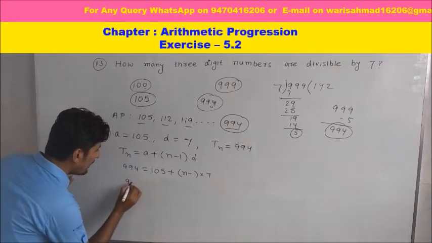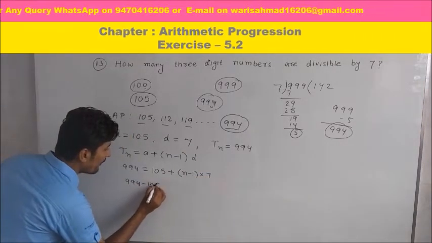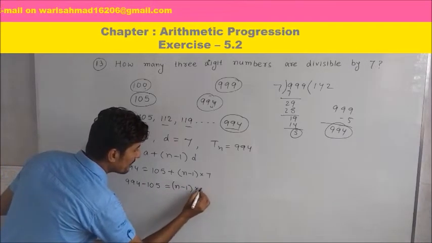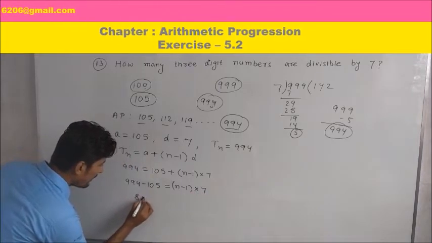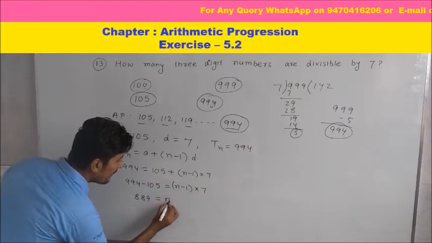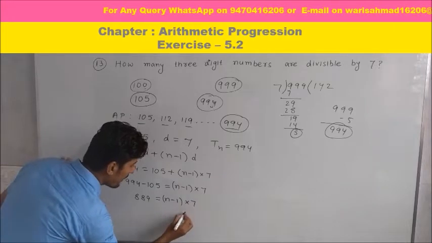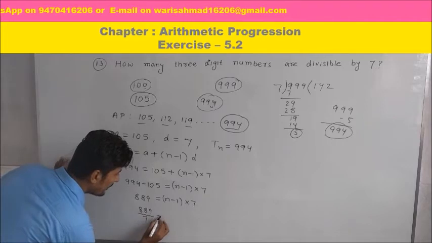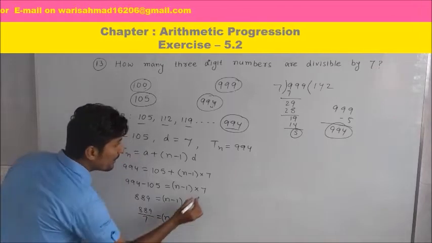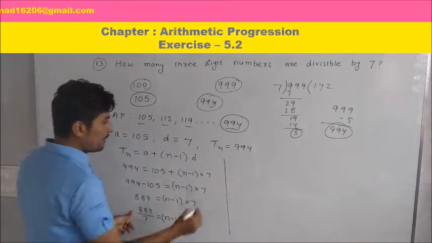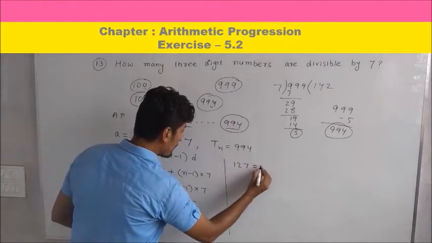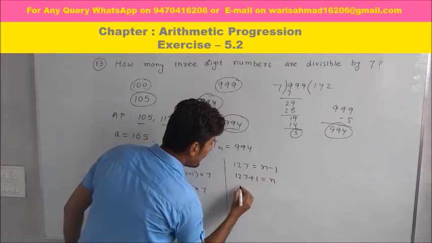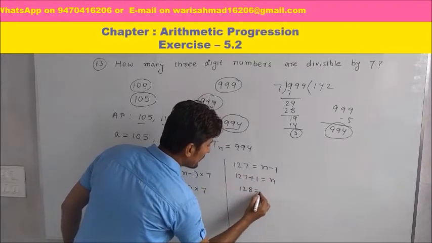Now 994 minus 105 equals (n minus 1) into 7. 889 equals (n minus 1) into 7. 889 divided by 7 equals n minus 1, so 127 equals n minus 1. 127 plus 1 equals n, so 128 equals n.